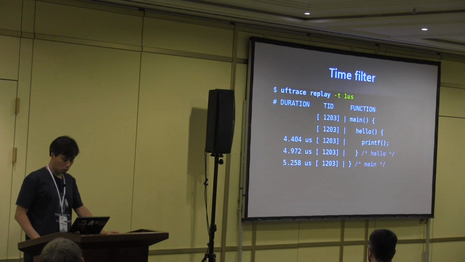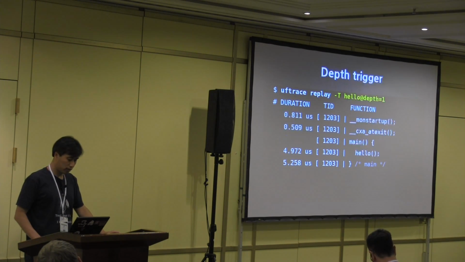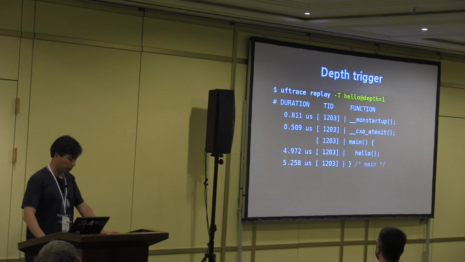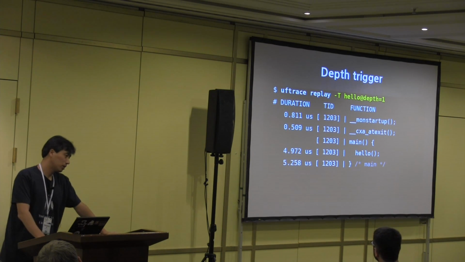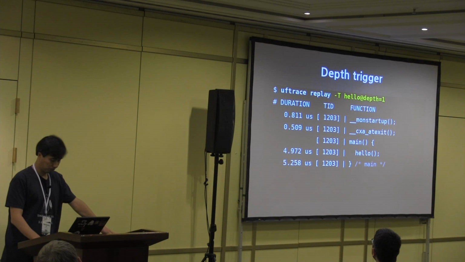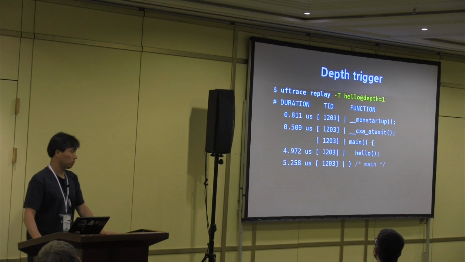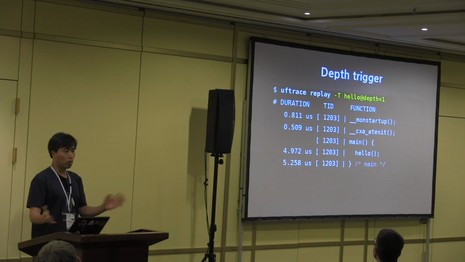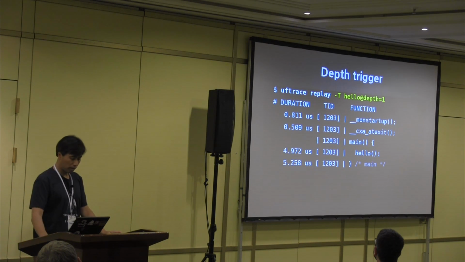And Uftrace also supports triggers. A trigger can do some action at a function level. So filters work as global, but a trigger can be applied to a function level.